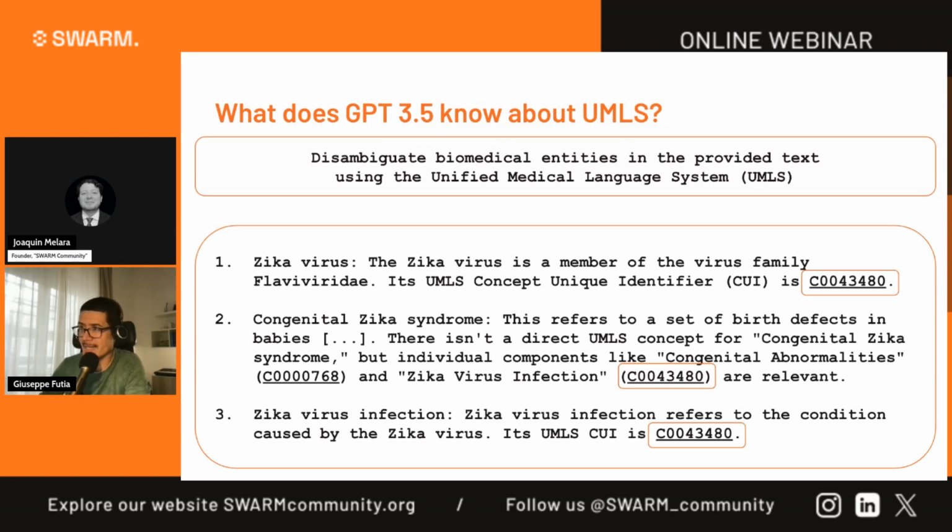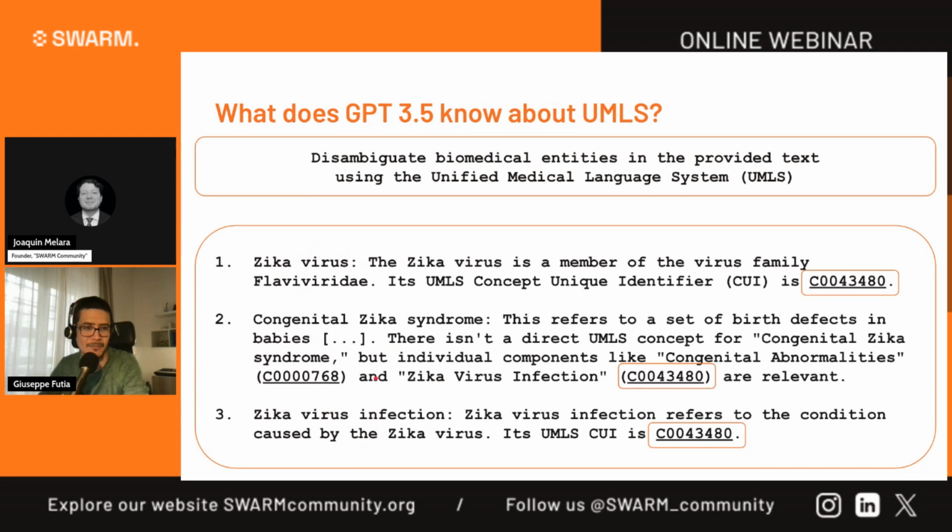I asked the model to disambiguate biomedical entities in the provided text using the Unified Medical Language System. And I ran this operation multiple times in order to reach a good result. As you can see, the results looked good. It was able to identify, after some tests, different entities that are mentioned.